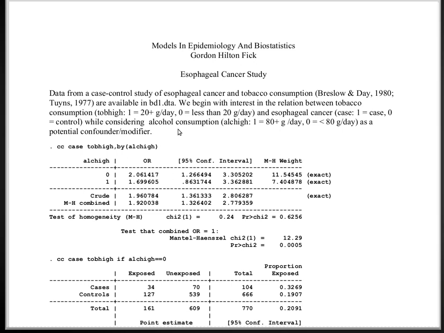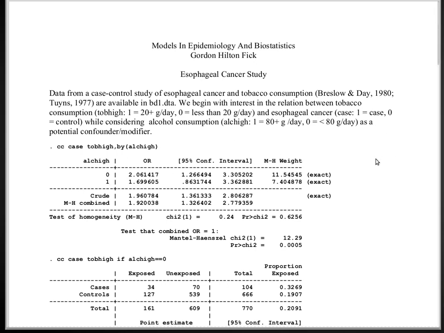Okay, so with that in mind, with a dichotomous case control status, dichotomous exposure, and dichotomous potential confounder modifier, we could construct two 2x2 tables, one for the group with low alcohol consumption and one for the group with higher alcohol consumption.